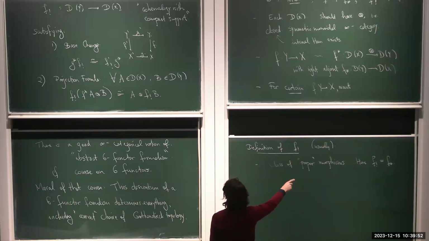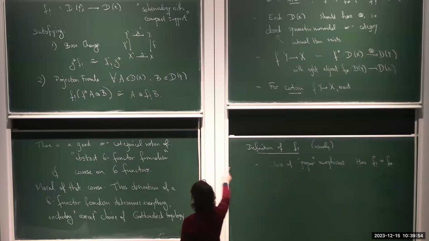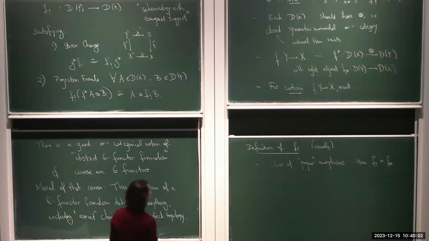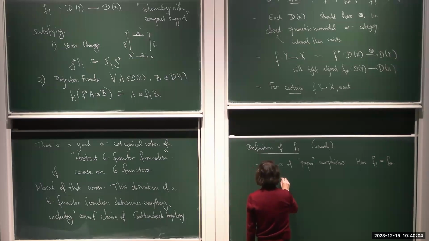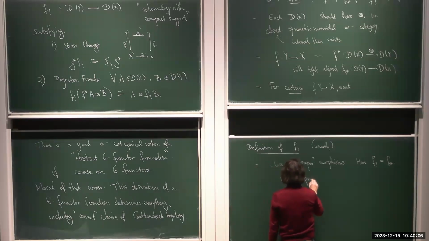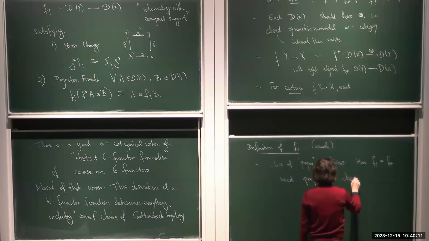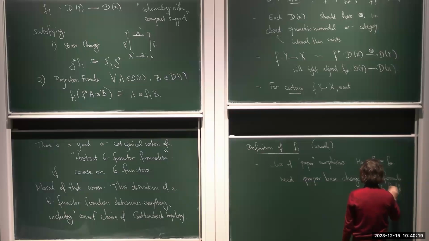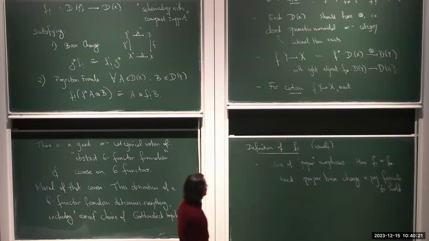But if you want to make this definition, you better check that it satisfies the properties that an f lower shriek should satisfy. So we need proper base change and the projection formula for proper morphisms to hold.